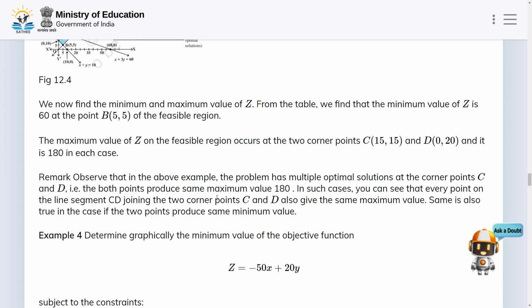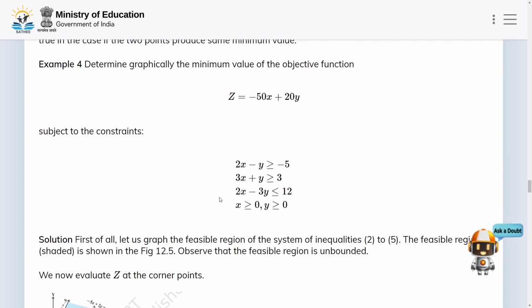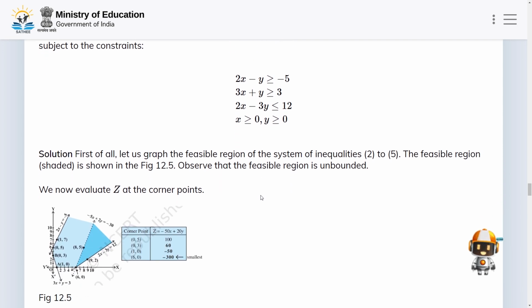Now next example. The objective function is given in this form, and the constraints are given in this form. You will have your feasible region, as you can see here, and your feasible region is unbounded, as it is going in this direction indefinitely. So first of all, you have to determine your corner points.